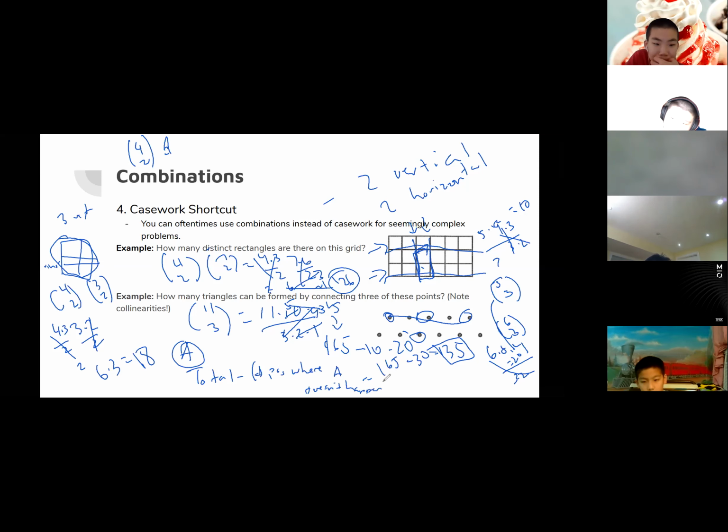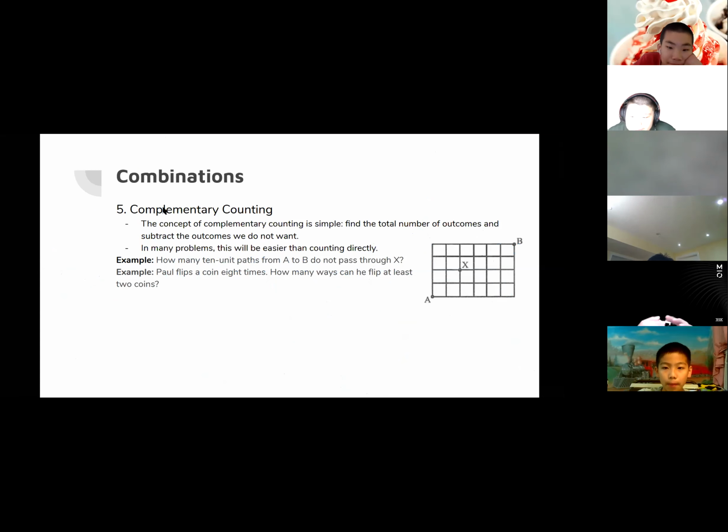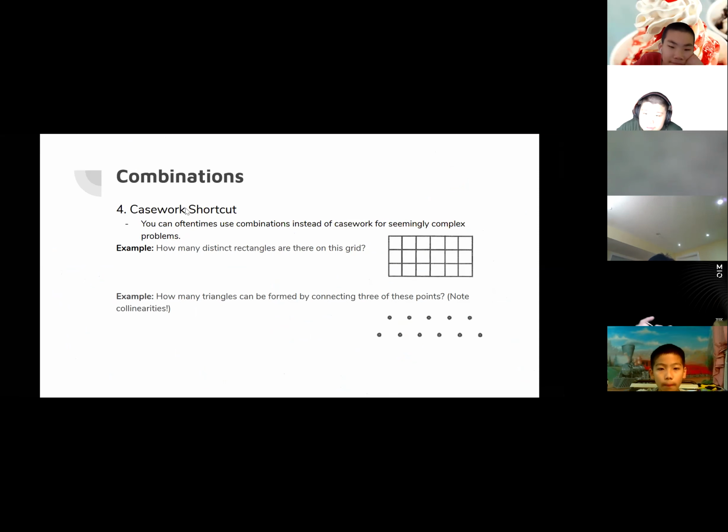In this case, the total number of possibilities to choose any 3 points was 165, but we used complementary counting by subtracting the number of possibilities where they don't form a triangle. Because we're running out of time today, we're not going to get through all of this, but essentially, we find the total number of outcomes and subtract the ones we don't want.